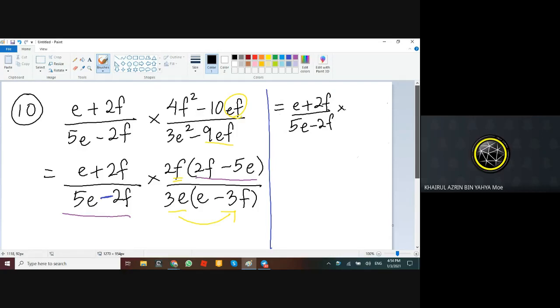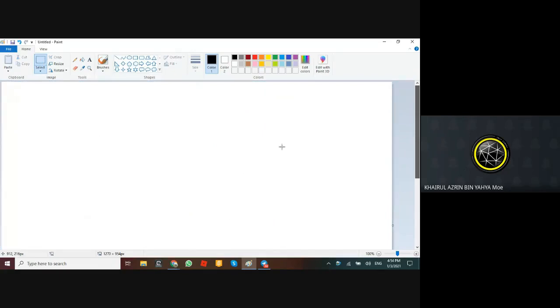I think not enough space. Wait. Not enough space for me to write. Let me capture first. Okay. Let me write again. We continue from previous.